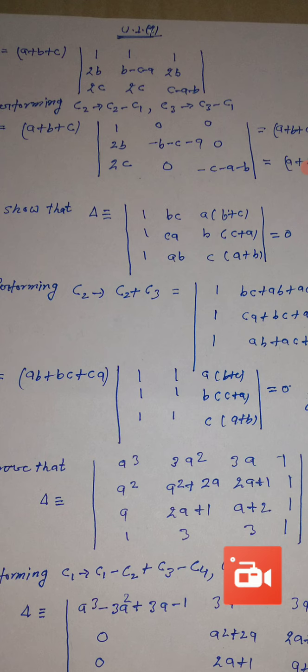We get A plus B plus C times the determinant: first row 1 0 0, second row 2B, minus B minus C minus A, 0, and third row 2C, 0, minus C minus A minus B. So we expand this along the first column, we get (A plus B plus C) to the power 3 multiplied by the determinant 1 0, 0 1.